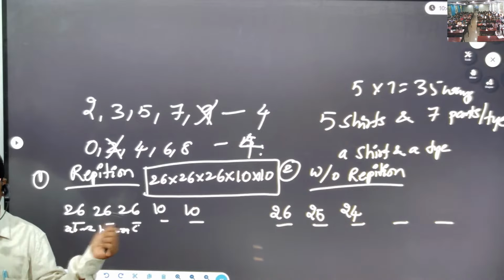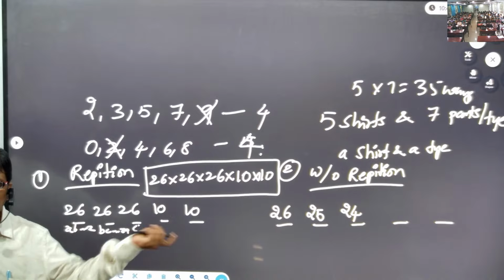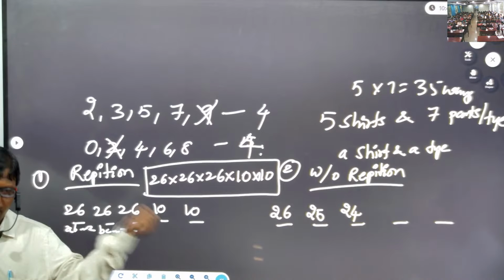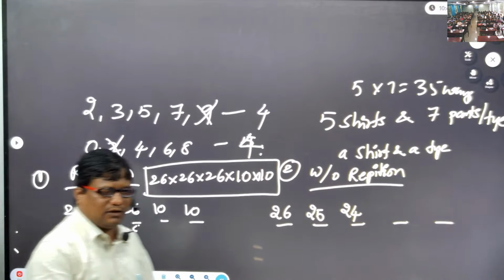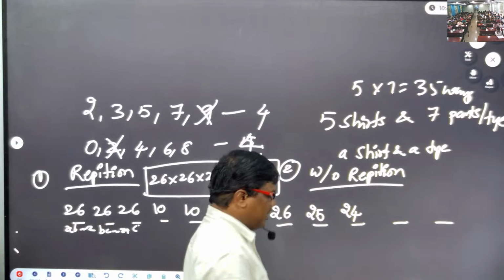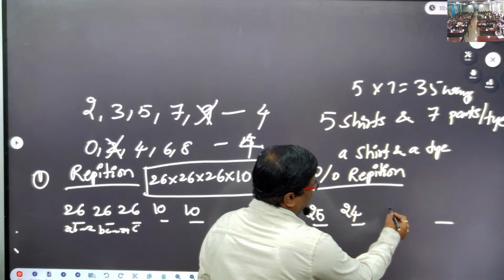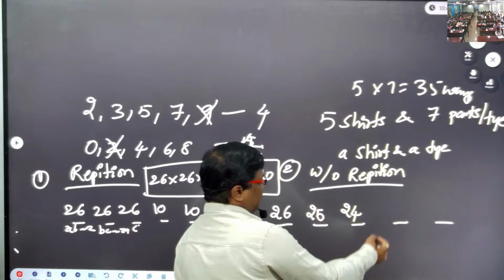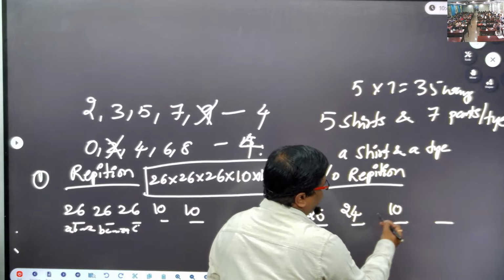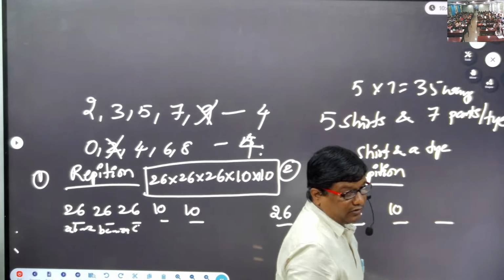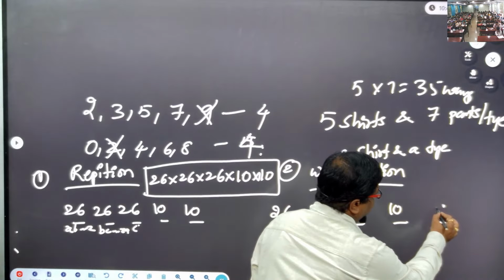So we are left with digits. When you start writing the first digit, how many digits will you have? 10. When you start writing the second one, 9.